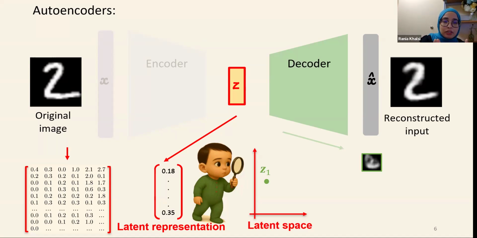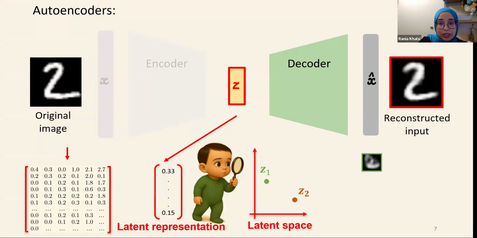So in this case, it's weird. If you focus on the representation of this, that number 2, it doesn't actually look like number 2. You're going to understand more with other examples. Now, if we randomly pick another example, let's say Z2, okay?